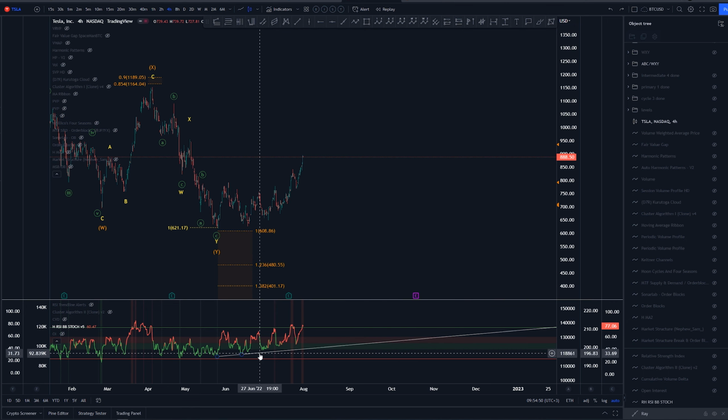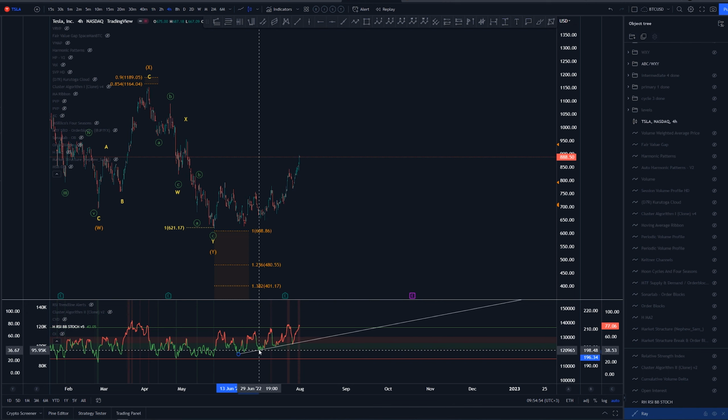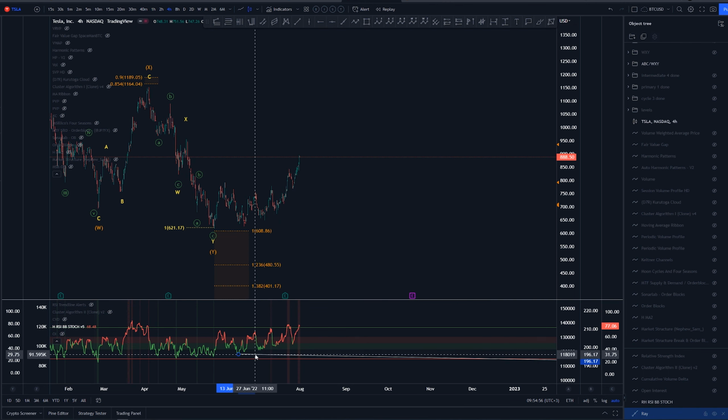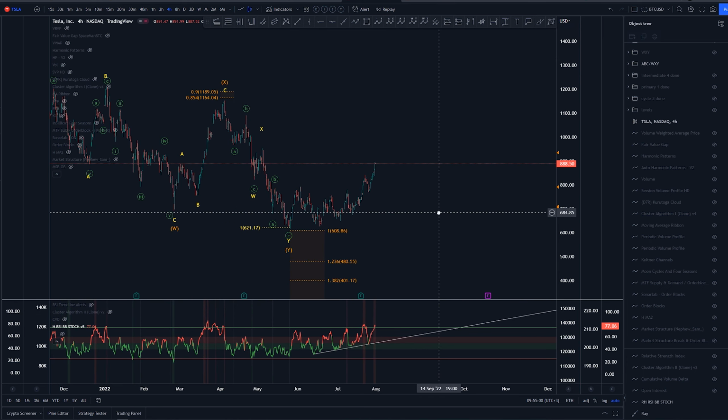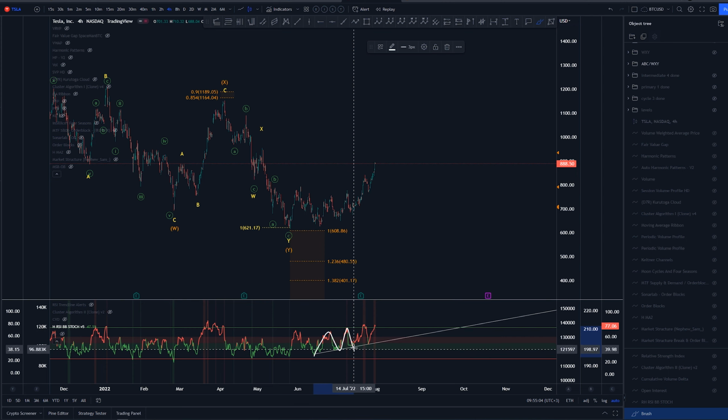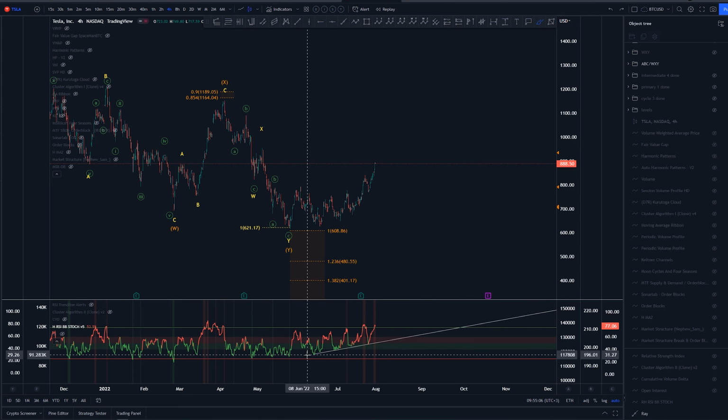We can also draw a bit less bullish trend line here, which we have been tapping multiple times, 1, 2, 3, 4 times here. So it's very good support for the bullish movement here.